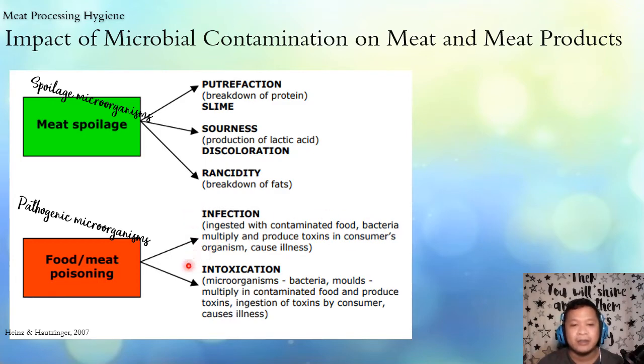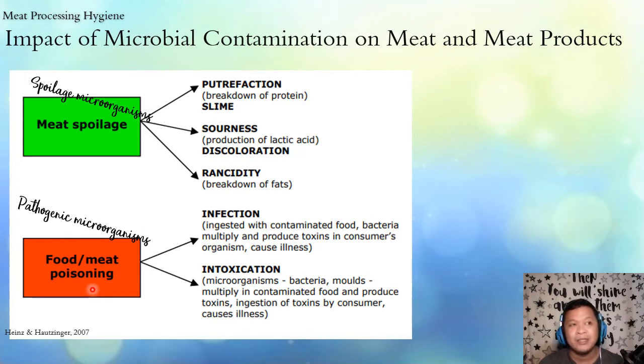Intoxication, on the other hand, involves the pathogens growing enough in meat so that before you even ingest it, they have already produced toxins. What is scary here is that once the microorganisms have produced toxins while inside the food, even if you kill the microorganisms, the toxins will remain. Therefore, usually when there are toxins in your food, no matter what thermal treatment you apply, it cannot remove them to a safe level, no?